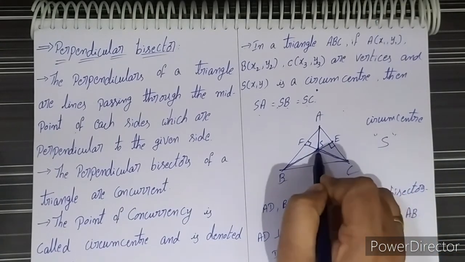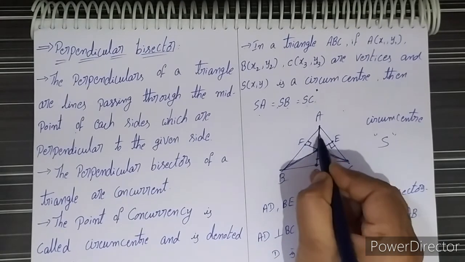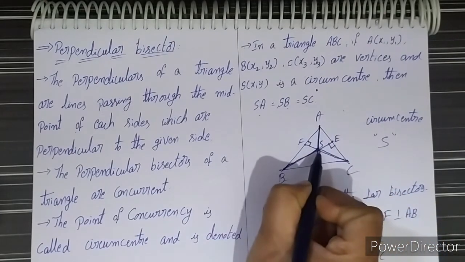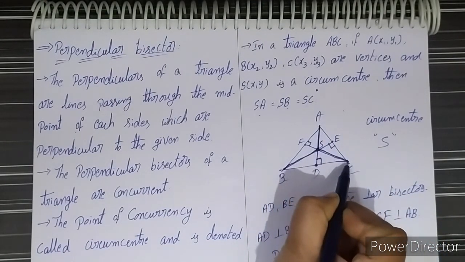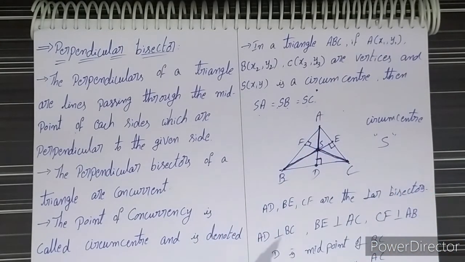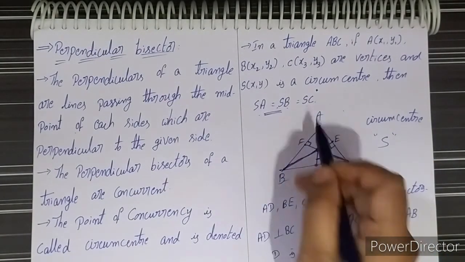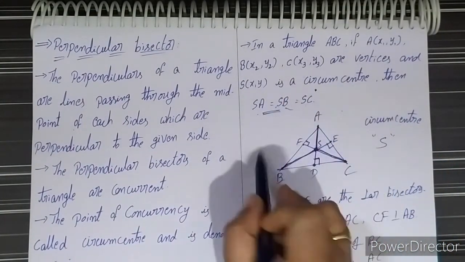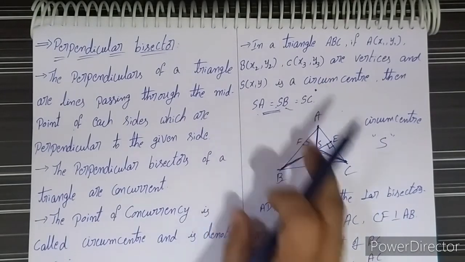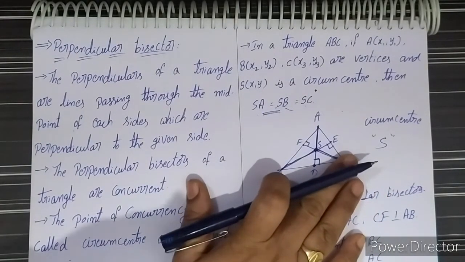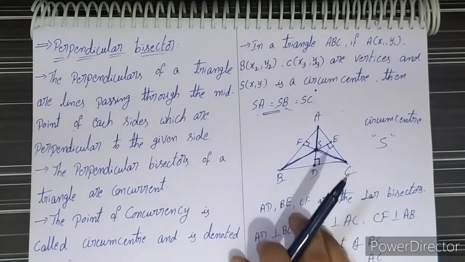From the circumcenter S to A, this distance is equal to the distance from the circumcenter to vertex B, which is equal to the distance from the circumcenter to vertex C. That means SA equals SB equals SC. By using this condition, the next exercise problems are solved. These are some definitions and important points for the next exercise problems.